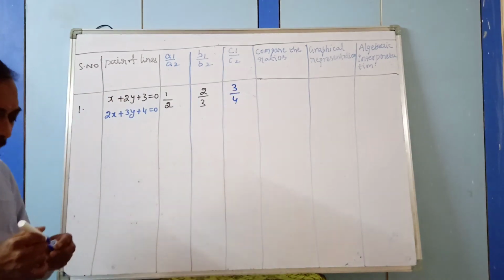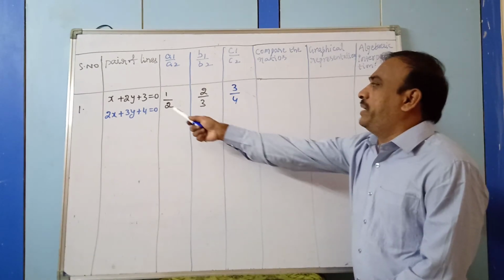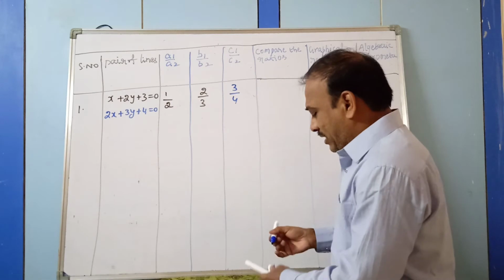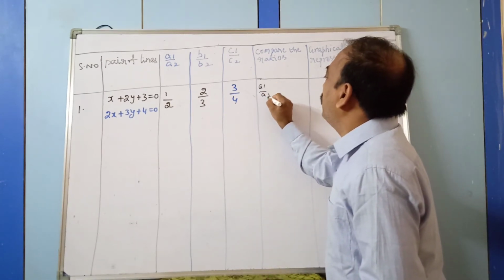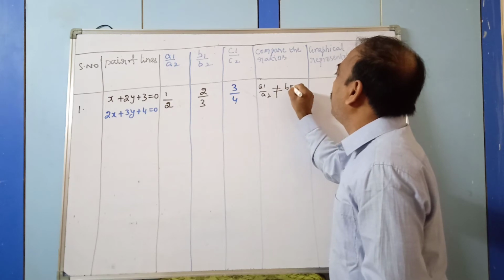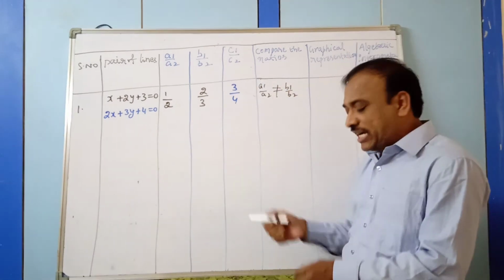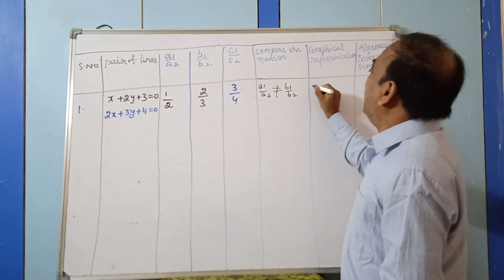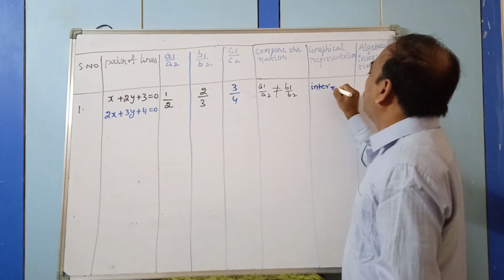Now compare the ratios here. A1 by A2 and B1 by B2, are they equal? No. So A1 by A2 is not equal to B1 by B2. No need to go for C1 by C2 because the first two are not equal. If the first two are not equal, what can you say graphically? Intersecting lines.